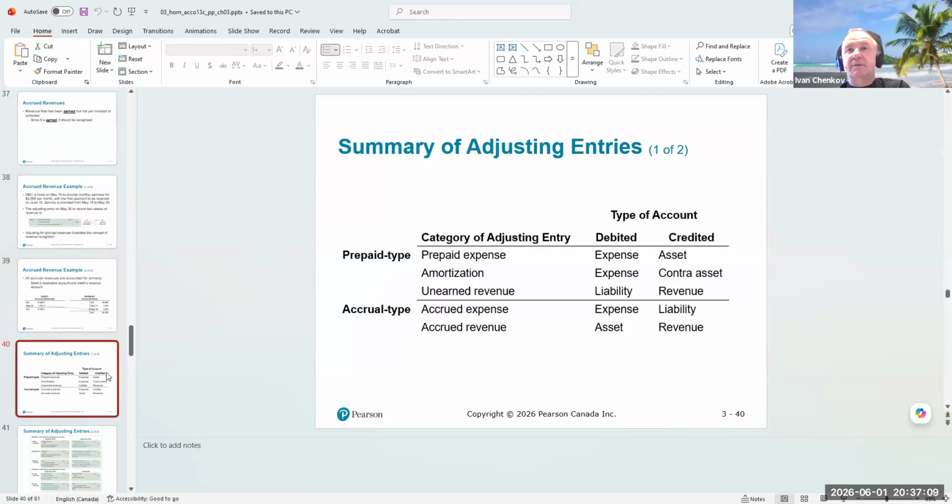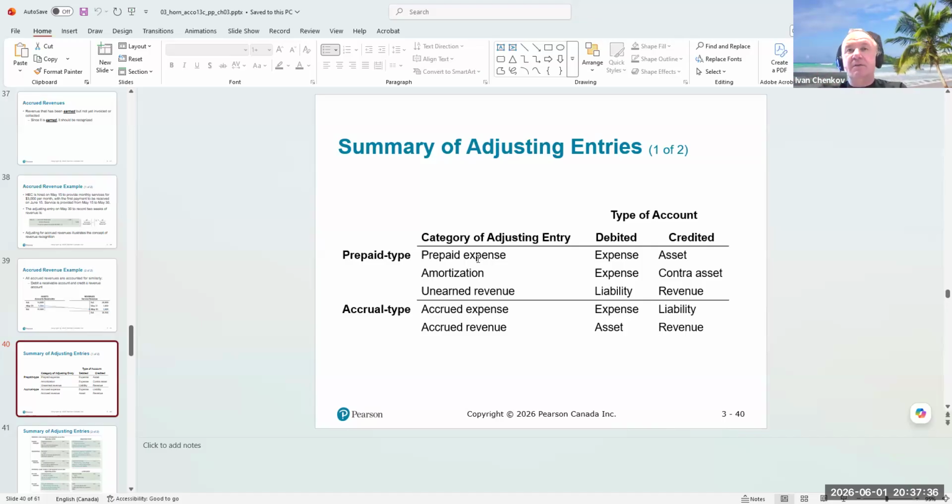So for the summary, we have prepaid expense and we have unearned revenue. Those are deferrals. And then we have accrued expense, accrued revenue. Deferral means we pay the cash, we push the expenses into the future.